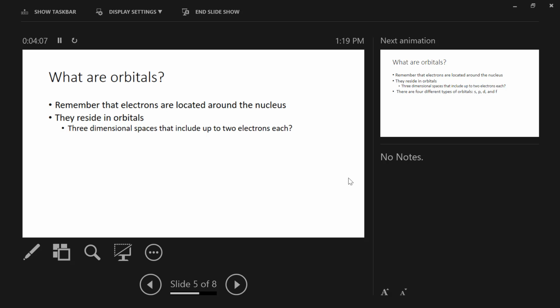Orbitals are three-dimensional spaces that include up to 2 electrons. And you'll see this as you continue your progression through chemistry, that different orbitals have different shapes, but they're all three-dimensional spaces.